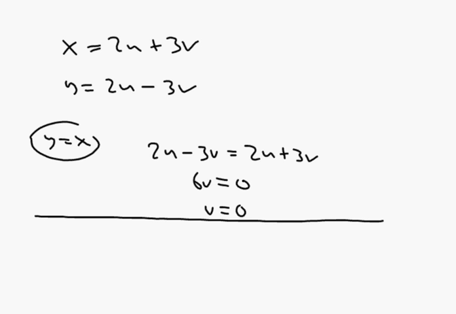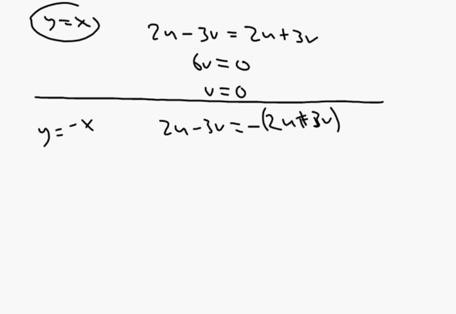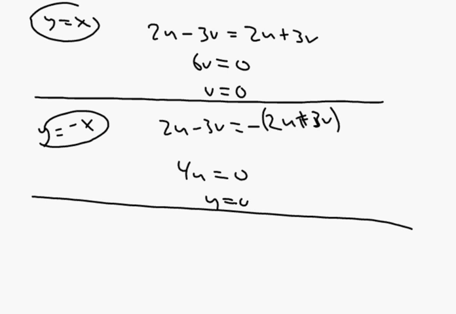All right, let's consider y equals negative x for a moment. So you have 2u minus 3v equals negative 2u minus 3v, and to do that, we end up with 4u equals 0, so u is 0. That's nice. Let's keep going along here.